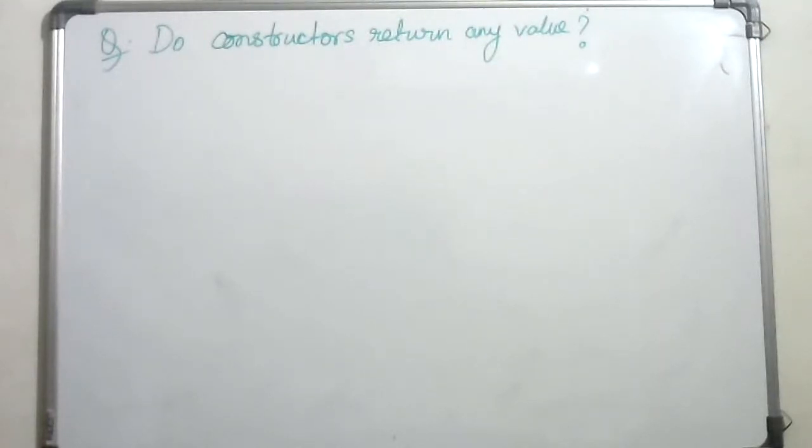Now, the very first answer that will come to your mind is, since constructors do not have a return type, therefore, no, it does not return any value. Right? That's the first thing that comes to your mind. But you will be wrong if you say that a constructor does not return any value. Although it does not have a return type, it's not permitted to have a return type, it does return a value.